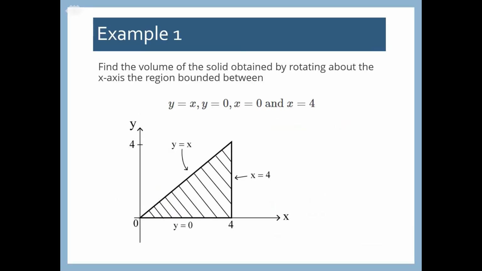Refer to example 1. Find the volume of the solid obtained by rotating about the x-axis the region bounded by y equals x, y equals 0, x equals 0, and x equals 4.